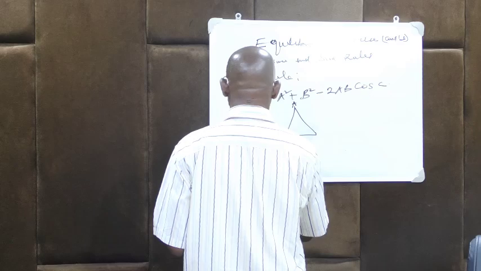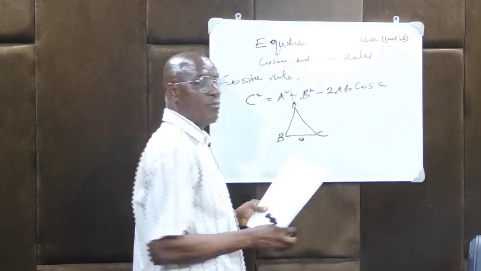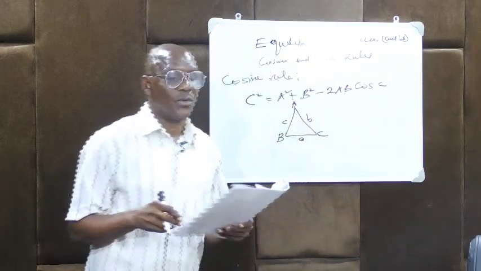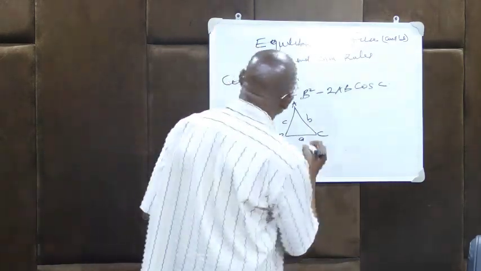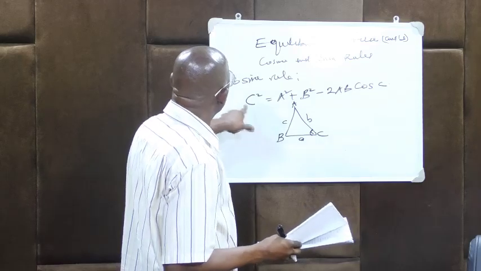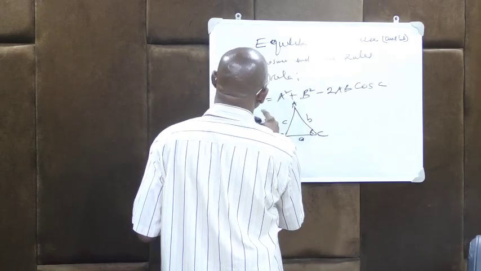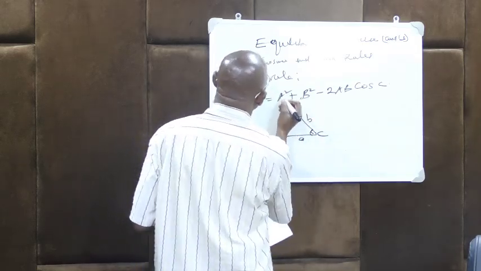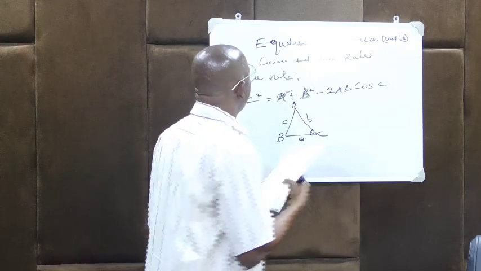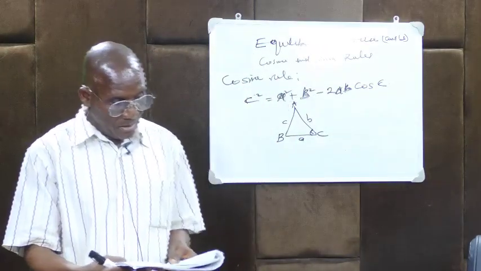Let's say this is A, this is B, and this is C. The side opposite A is represented by letter A, the side opposite B by small letter B, while the side opposite C is represented by small letter C. And look at this angle, this is angle C. So the rule says C squared equals A squared plus B squared minus 2AB, then the cos of the angle, cos C. That is the rule.